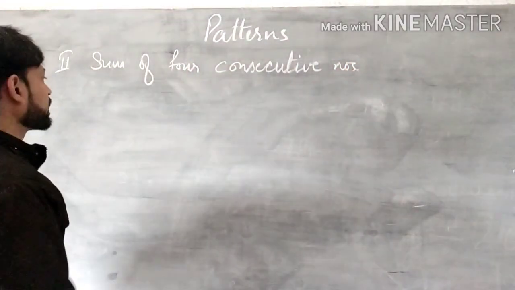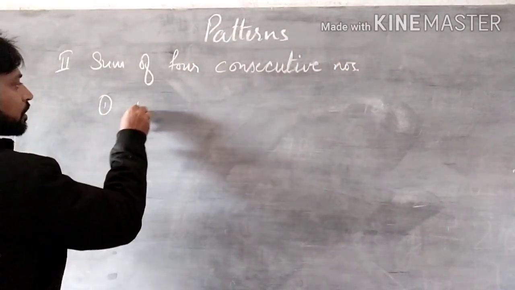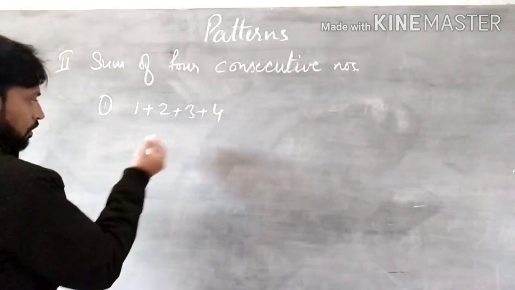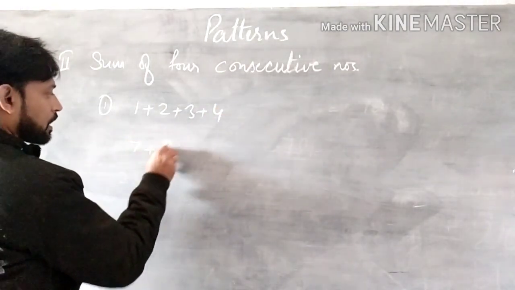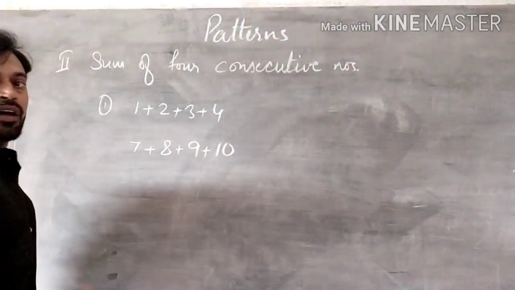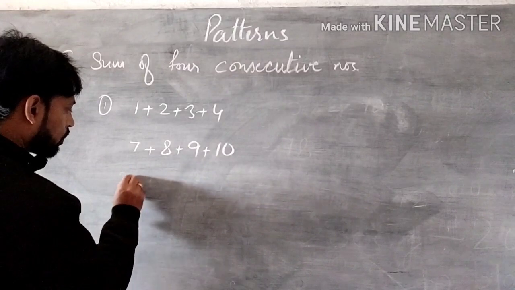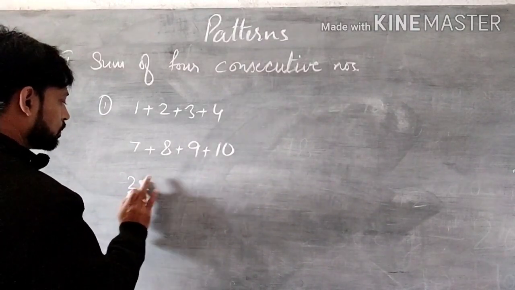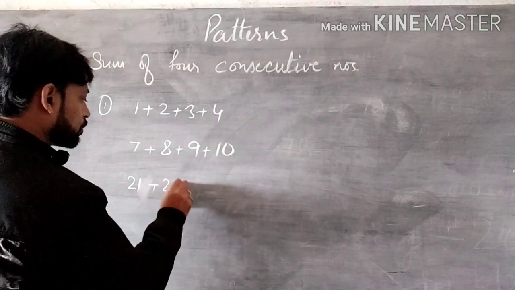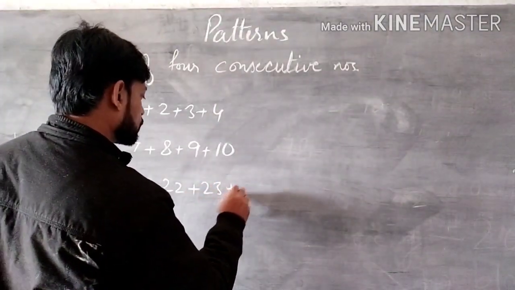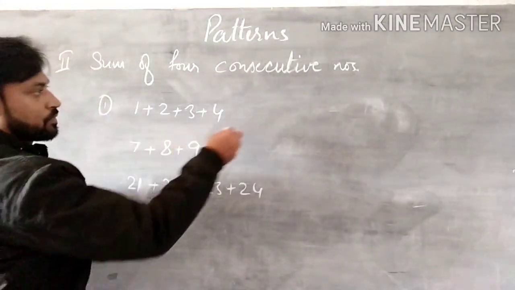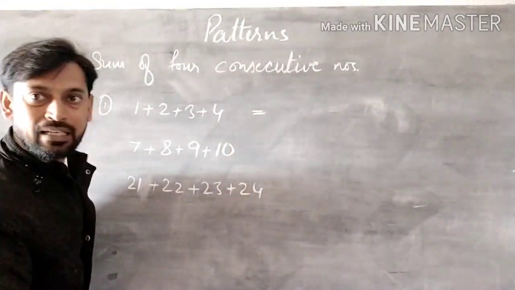What are consecutive numbers? 4 consecutive: 1 plus 2 plus 3 plus 4, or you can say 7 plus 8 plus 9 plus 10. This is consecutive numbers. Now you can also see 21 plus 22 plus 23 plus 24. Now we have to find the sum of these 4 consecutive numbers instantly.